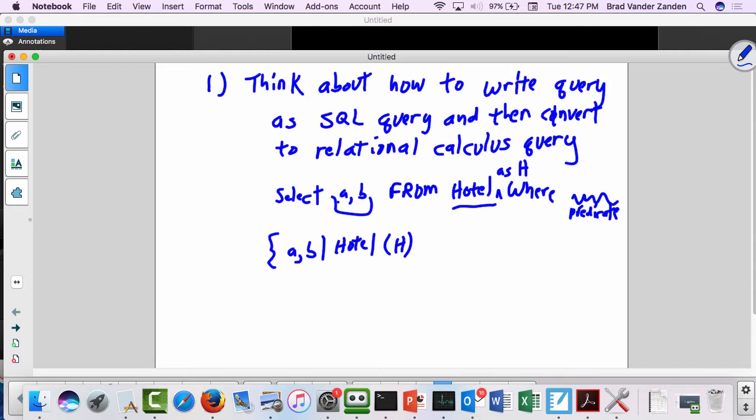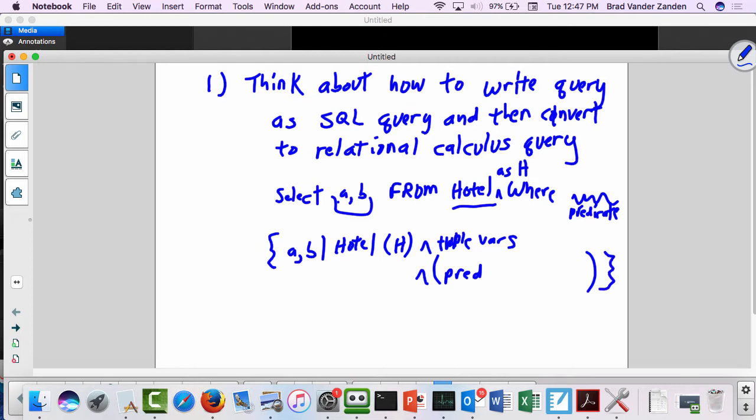Okay, so all the tuple variables are simply separated by ands, and then the predicate. So the predicate goes in parentheses. The where clause is an and that's appended to the tuple variables.